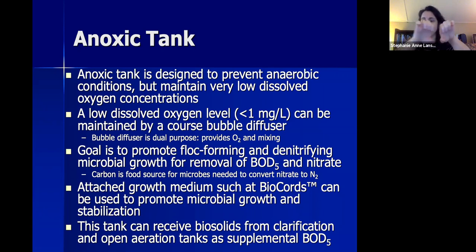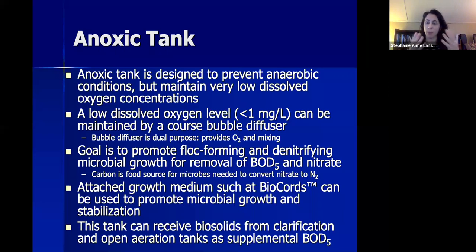Basically you can think of it as like a PVC pipe with big holes drilled in. So you have these big bubbles coming through. And those big bubbles actually provide oxygen, but the reason why you want big bubbles is that they also mix the water that's being treated. The goal is to promote floc forming. And again, we're still going to get some denitrification in those conditions so that we can have removal of BOD and nitrate.